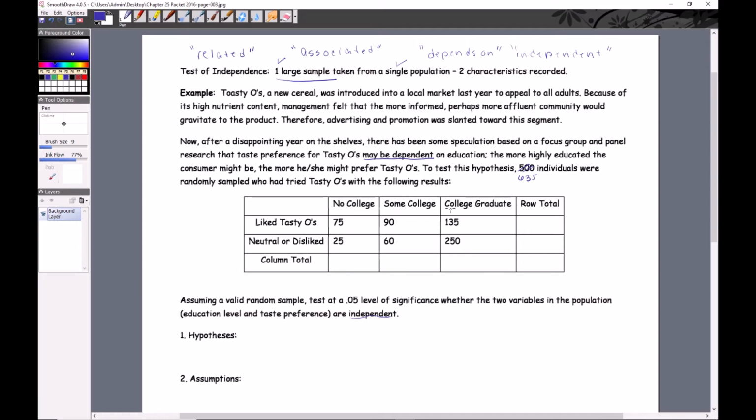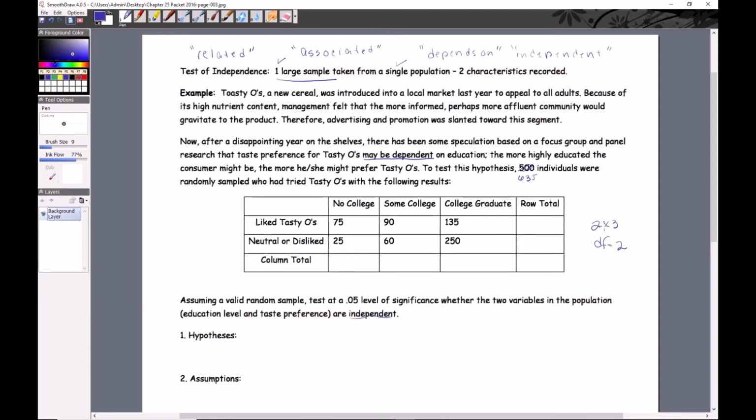Were randomly sampled who had tried Tastios with the following results. Okay. You have 2 rows and 3 columns. So this is 2 by 3, so your degrees of freedom are going to equal 2.